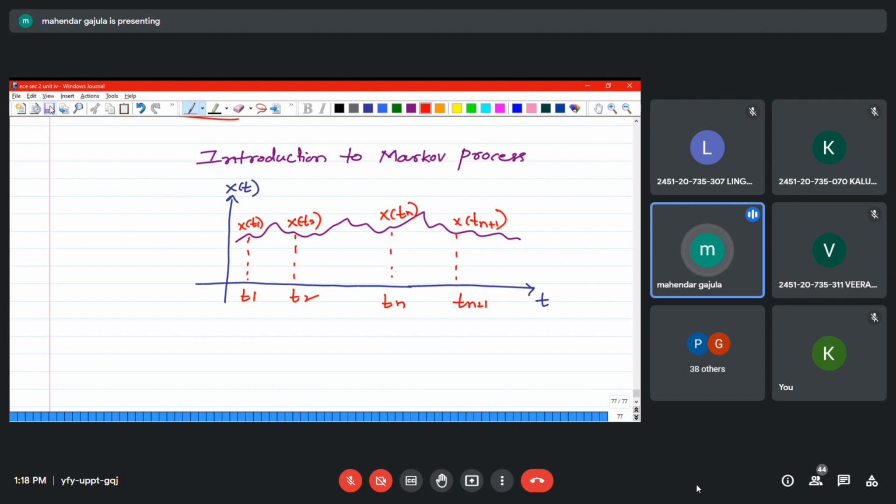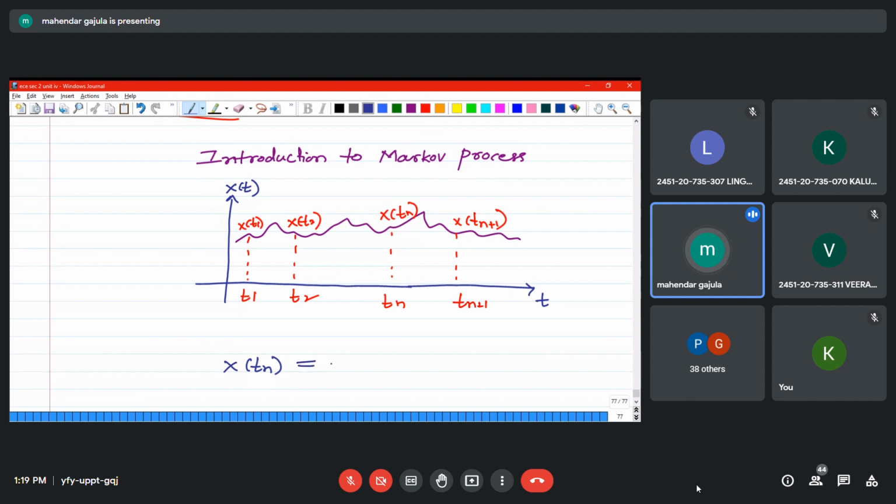Can anyone tell me what is present state and next state? Here X(t1) is a random variable only.